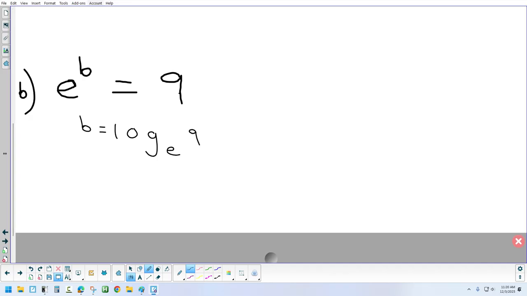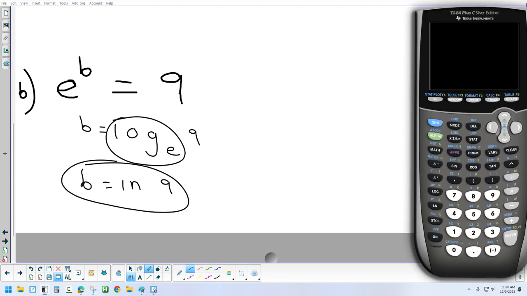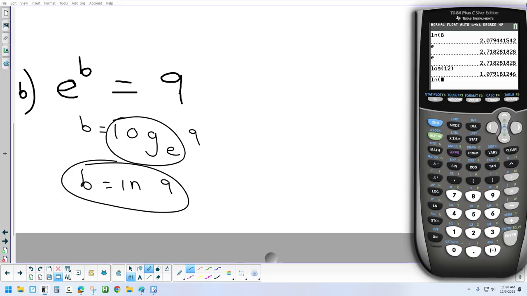Now, this one we can simplify a little bit. There's an abbreviation for all of that. What's the abbreviation for log base e? ln. And that one, you do have enough information if you wanted to get the answer. As a decimal, you could press ln 9, and it's about 2.197.